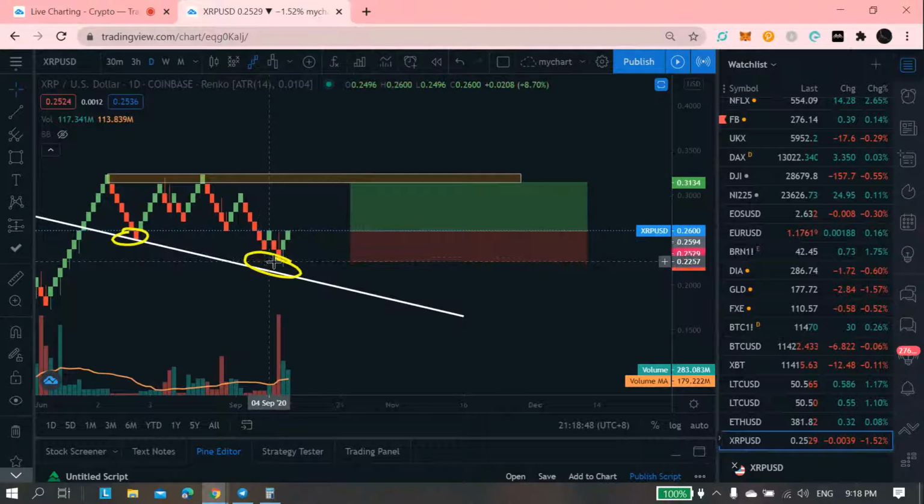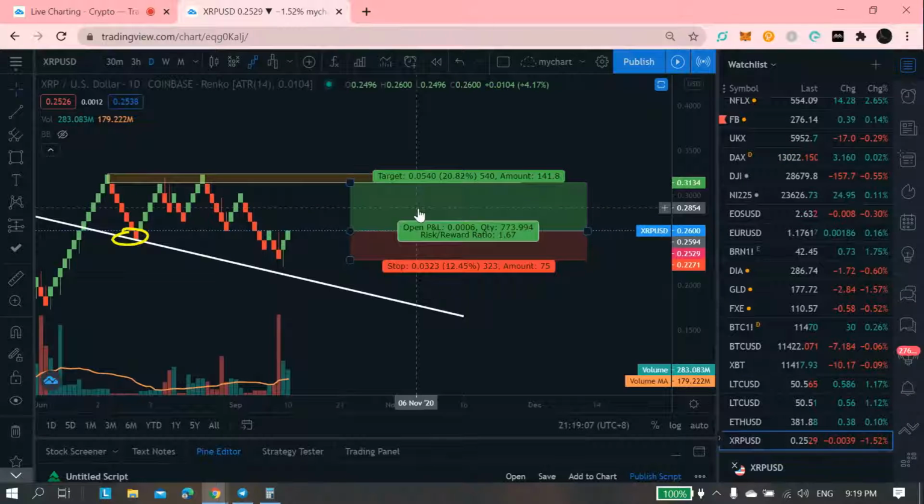So we use this area as a support area, the previous low of this Renko chart. So that's a risk reward ratio of 1.67.